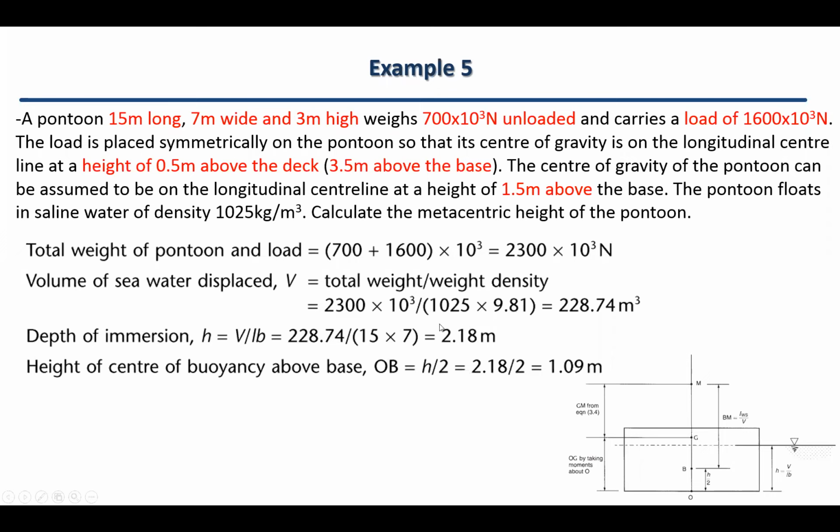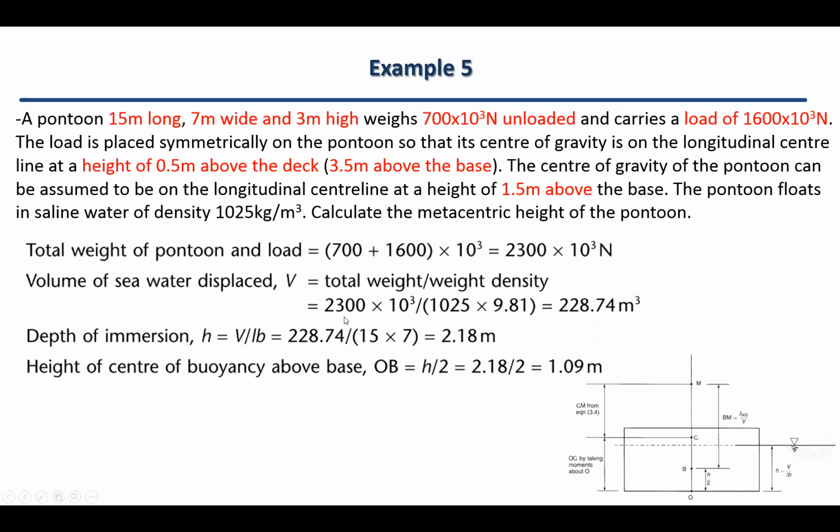Just bear in mind the difference between this formula and the formula that we used to have was that rather than the mass, here we use the newtons. Don't freak out once you see this. If the total weight is given based on weight and not mass, then at the denominator, rather than the rho that we used to have, you can just use rho g, or the specific weight, or the weight density.